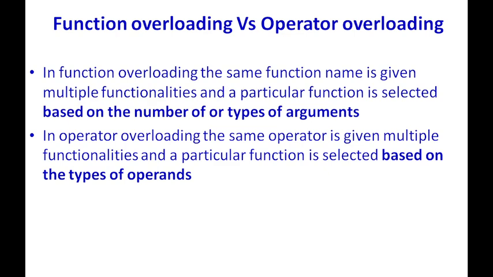We already had seen that function overloading and operator overloading are very similar, except that in function overloading arguments are involved for differentiating the different versions of a function, whereas here operands are playing the role of differentiating the operators for different roles.